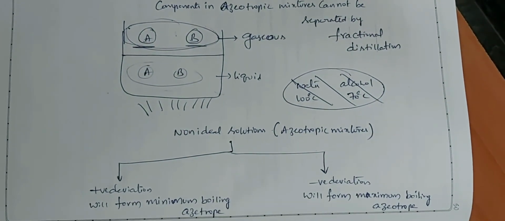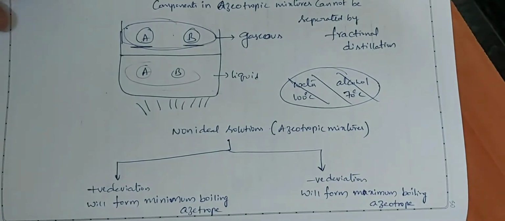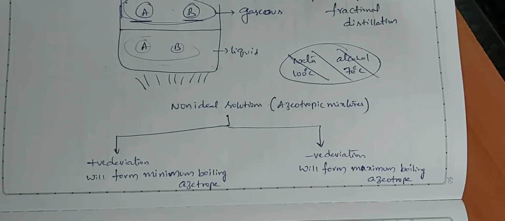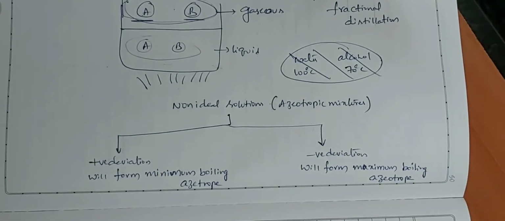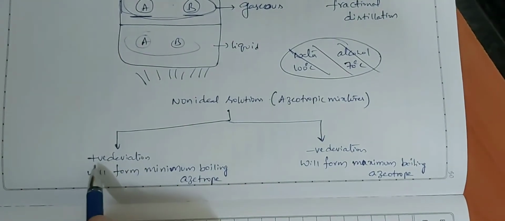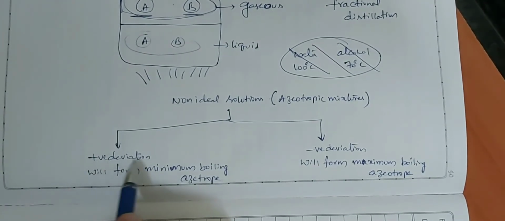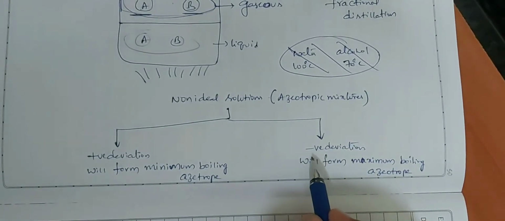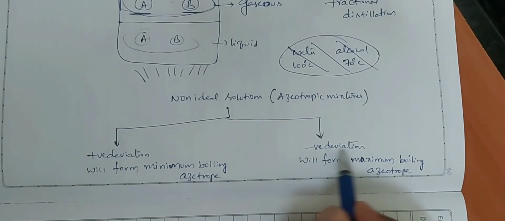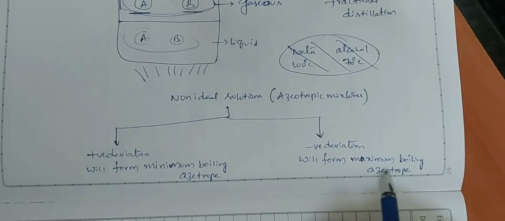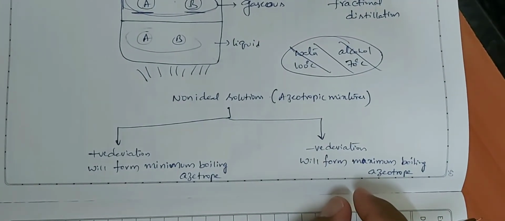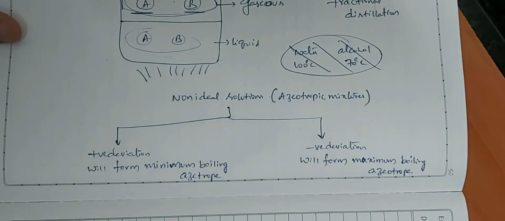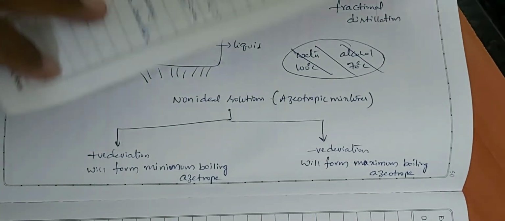Non-ideal solutions will form azeotropic mixtures. Non-ideal solutions are of two types, same like the azeotropic mixtures are also two types. Non-ideal solutions which show positive deviation from Raoult's law will form minimum boiling azeotrope. Non-ideal solutions which show negative deviation from Raoult's law will form maximum boiling azeotrope. Okay, this is about azeotropic mixtures. So, complete information.